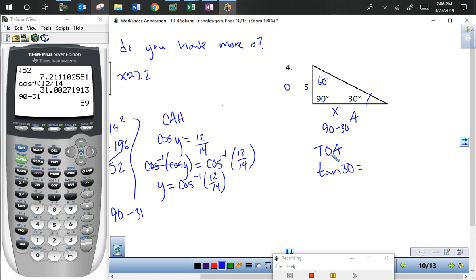And then we set it equal to O over A. So that's 5 over x for us. We're solving for x. We have to get rid of that denominator, and then we've got x times the tangent of 30 degrees is equal to 5. Now we just divide by tangent 30.